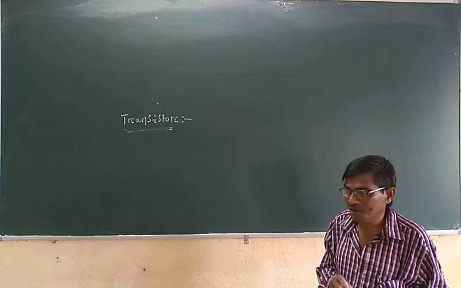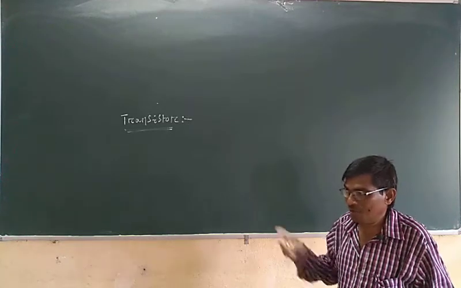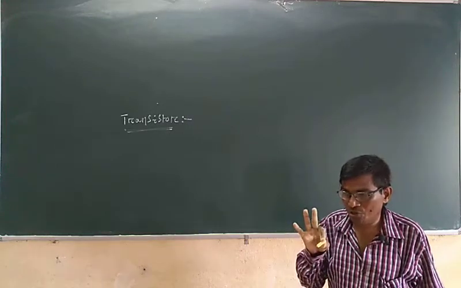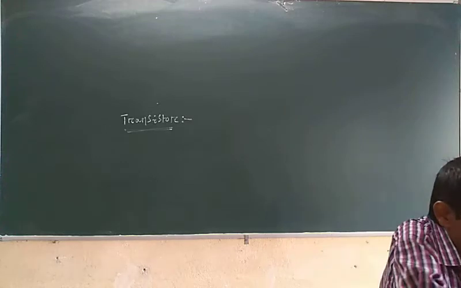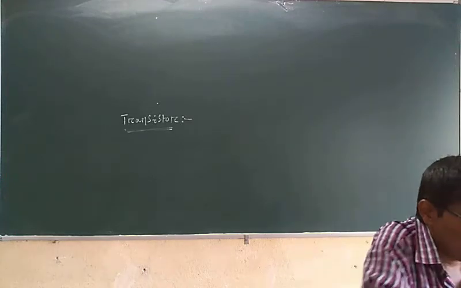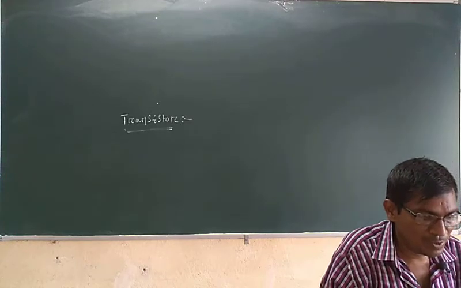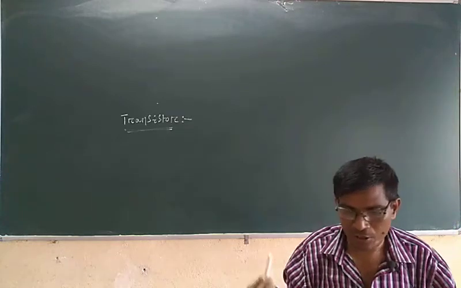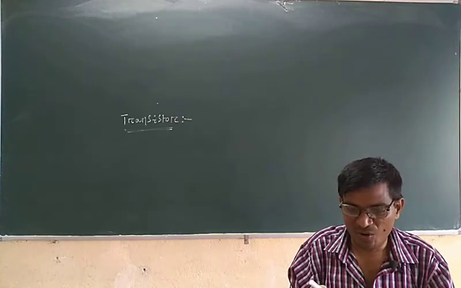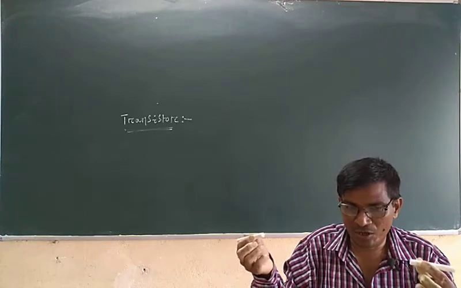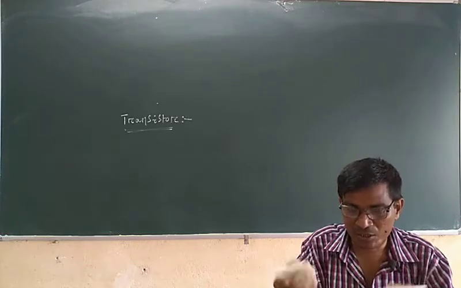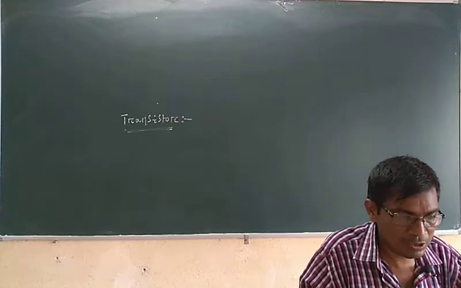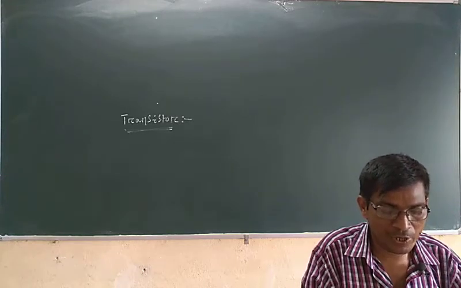Now it is nothing but two junctions joined together. Suppose this is a PN junction, and this is a PN junction. These two PN junctions are joined together to form a transistor.